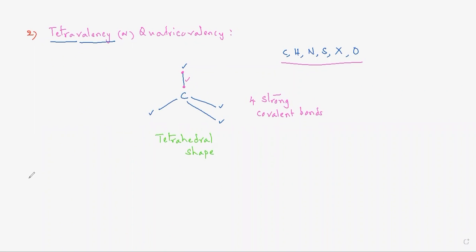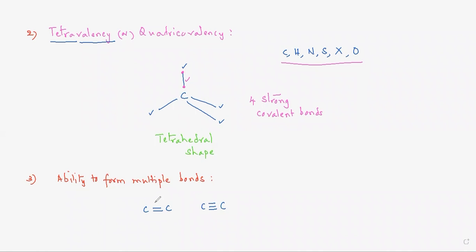Coming to the third one, it is the ability to form multiple bonds. Yes, even this is an important one. Carbon can even form multiple bonds.